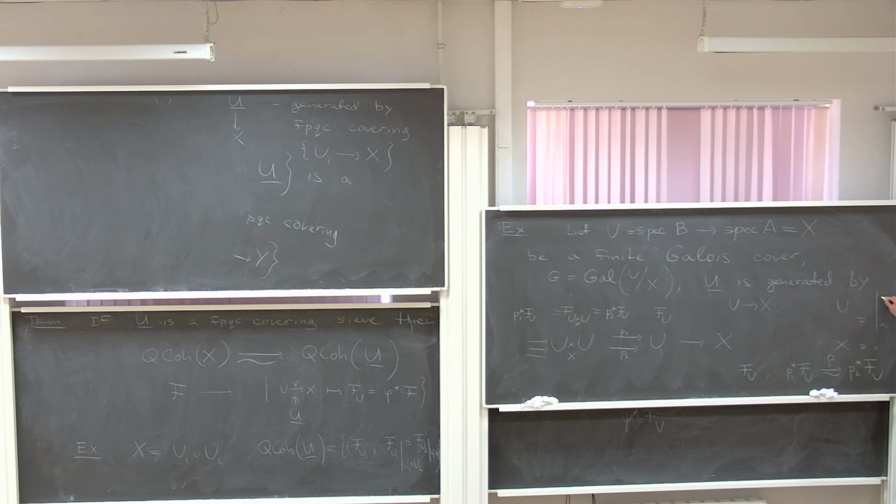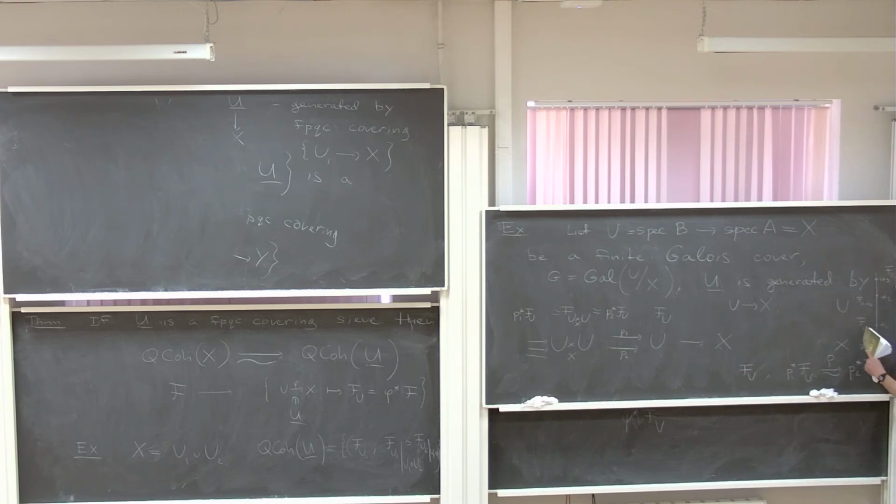Now suppose we have another point in the same fiber, u3. So this is u1, this is F_{u2}, and then I have F_{u3}. Then in fact, I can construct two different isomorphisms between this fiber and this fiber.